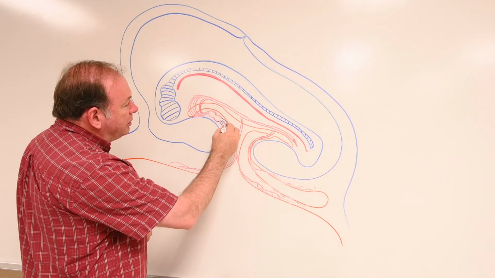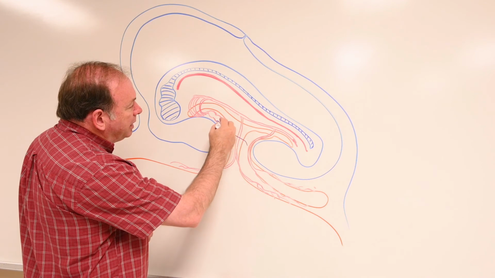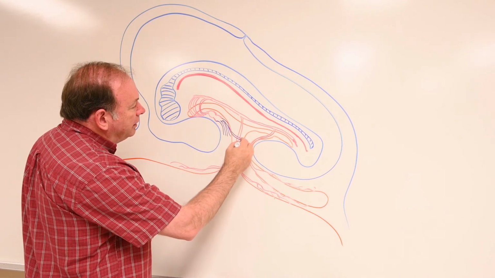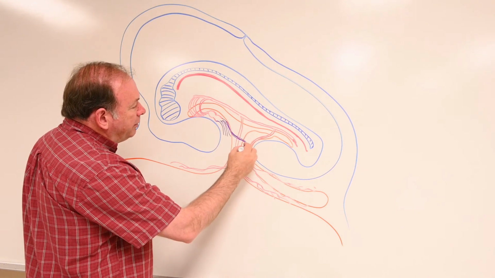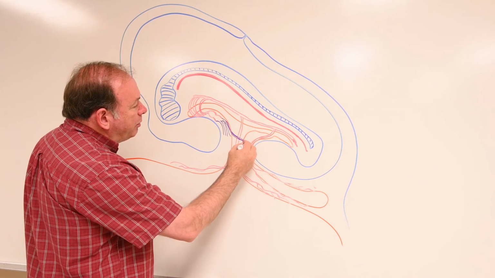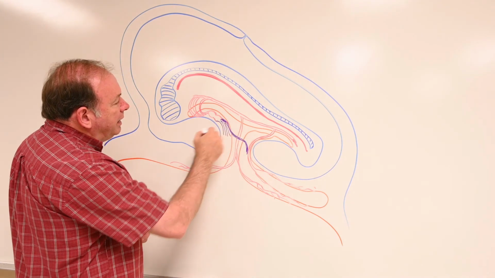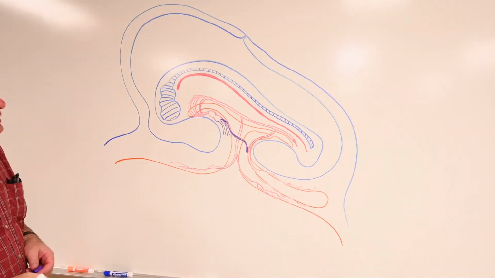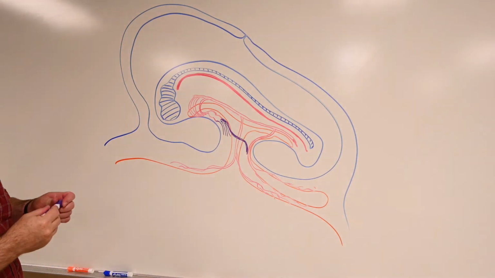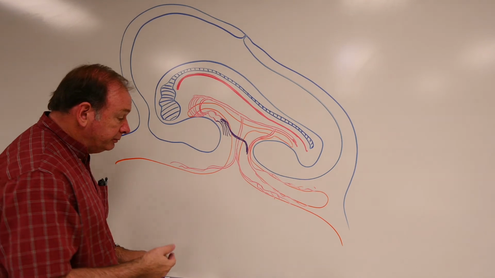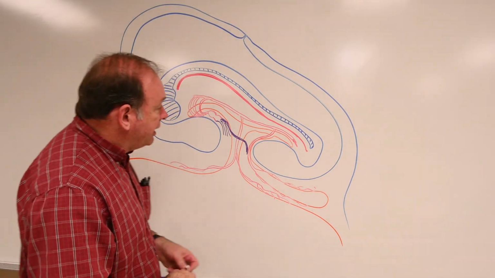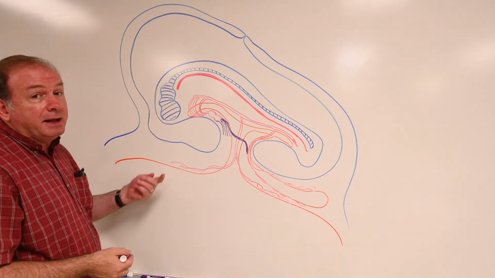And here's the allantoic vein coming in right here, coming from the allantois. And I won't draw out all the branches of the allantois. So we have an allantoic vein coming in here, and then two vitelline veins coming into the back of the heart. And that's the simple vascular arrangement you see in the embryonic chicken.